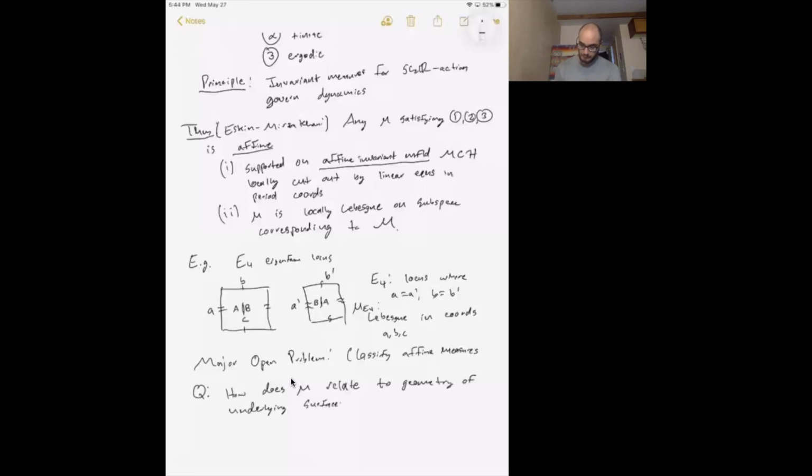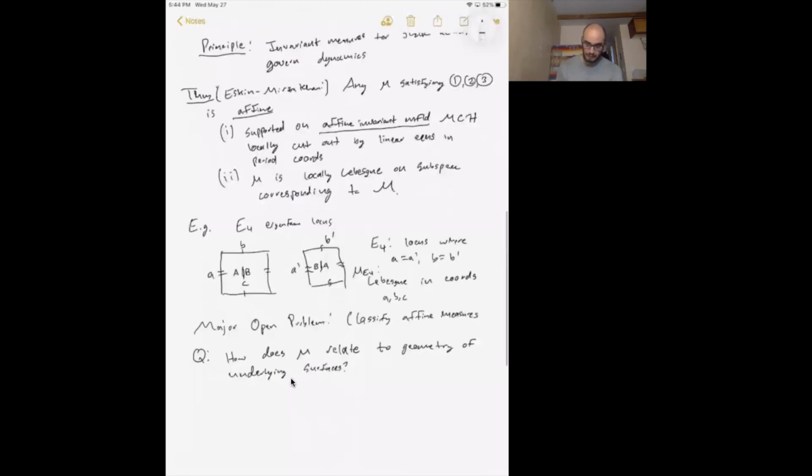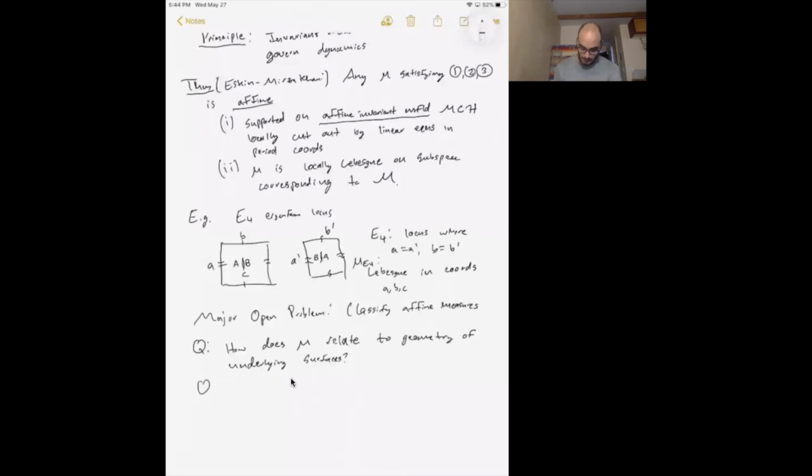More specifically, I want to think about the mu measure of the epsilon thin part of the stratum.